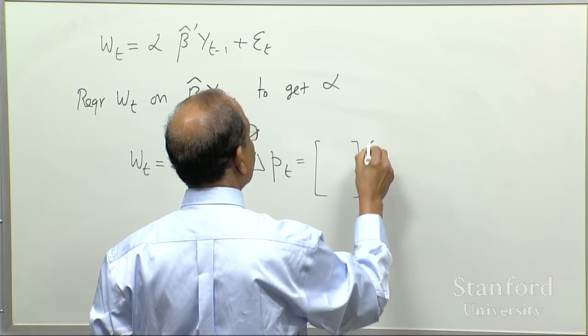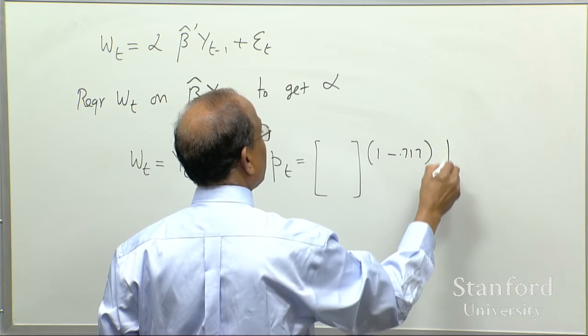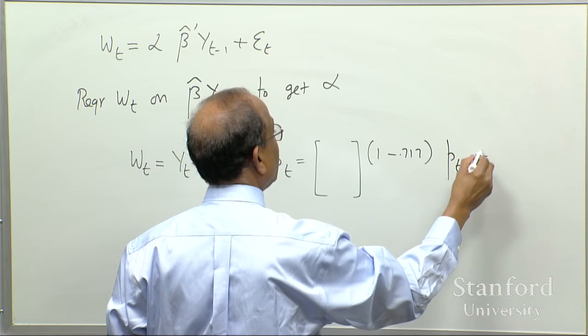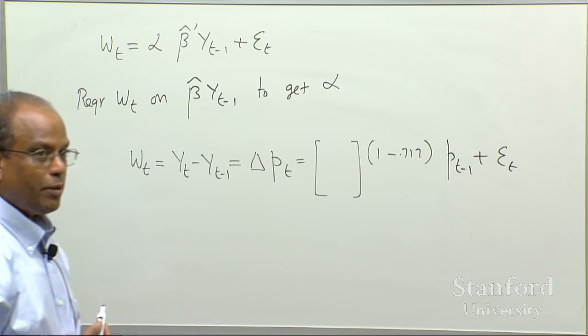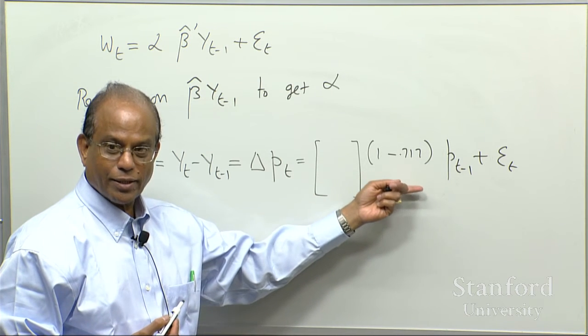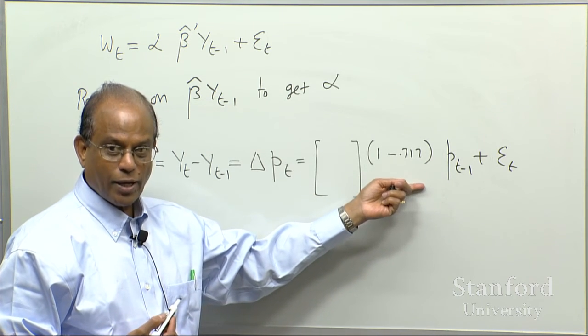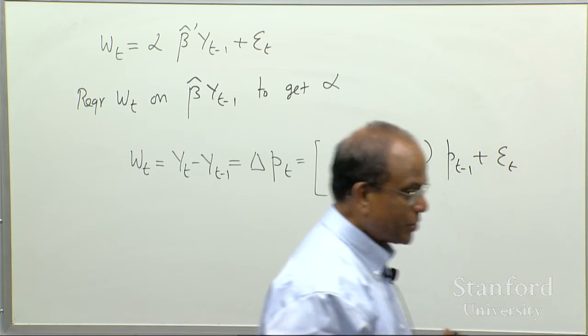Beta prime is 1 minus 0.717 times p of t minus 1, plus epsilon t. That is the model that we are trying to fit. But in all this calculation, the basic quantity is this one. How do you get this, and how do you exploit it? That is the focus of the pairs trading strategy.